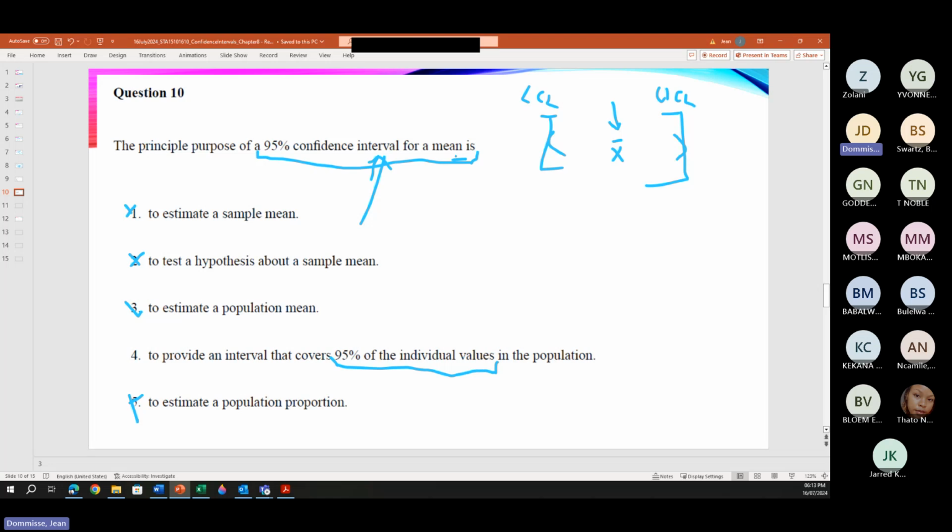The same with the proportion. We're going to get a sample proportion. Then with 95% confidence, we can say that the population proportion will fall within the lower and the upper limits. So that nearly is what a confidence interval is in a nutshell. It is a 90, 95 or 99% probability that the population mean will fall into certain brackets.